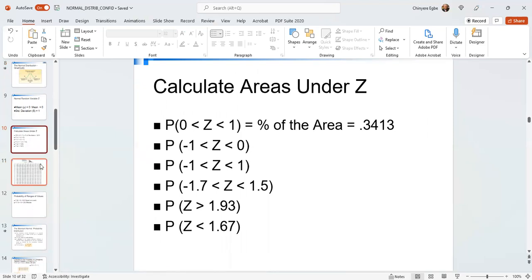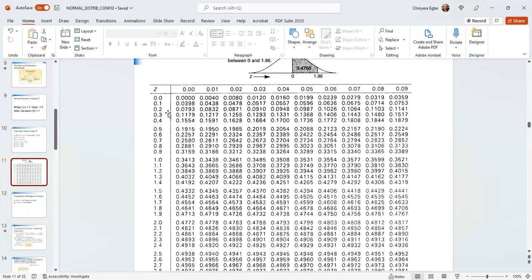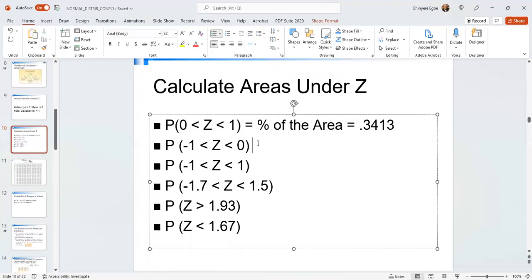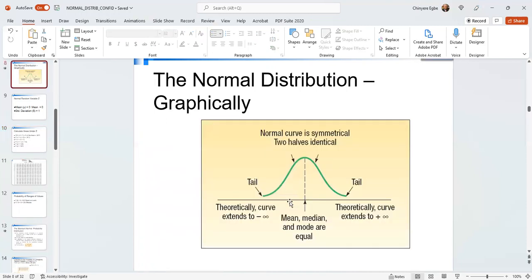The same thing. Okay? You go from 0 to 1. So you look at the absolute value, it's also equal to 0.3413.